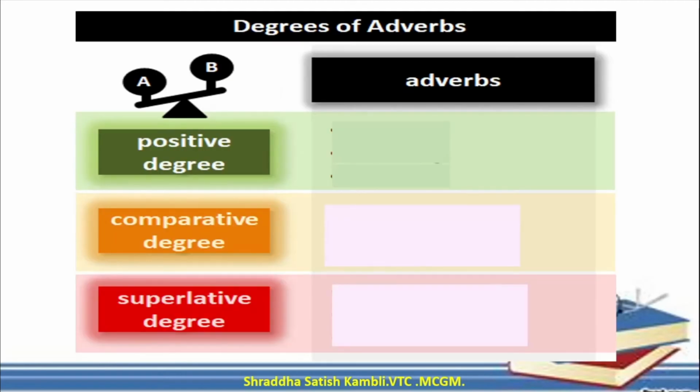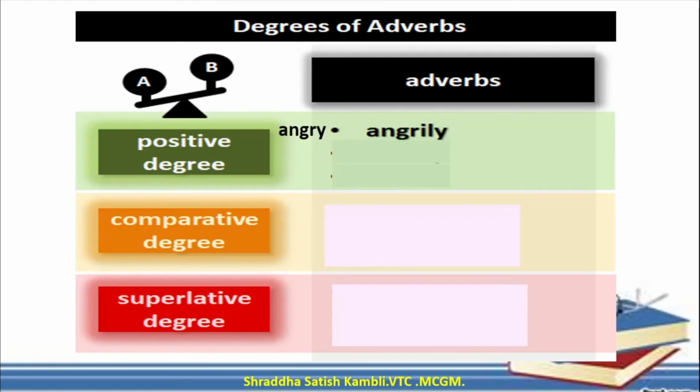Let us look at some examples here. So you have positive degree, comparative degree, and superlative degree, and we are going to take three basic adverbs and try and see how they change. So angry in the positive degree will become angrily.